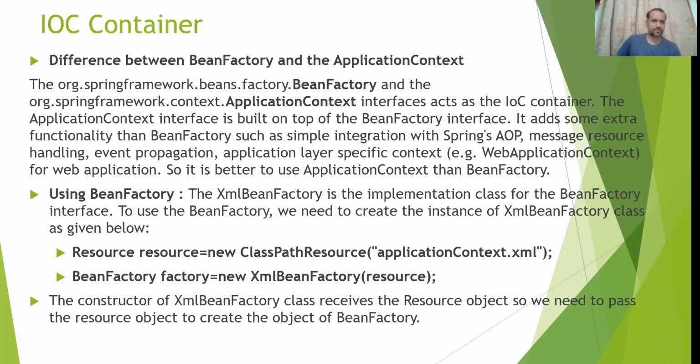Both are different. The first is part of org.springframework.beans.factory.BeanFactory, and the other is part of the org.springframework.context.ApplicationContext interface. Both reside in different locations, or we can say in different packages.